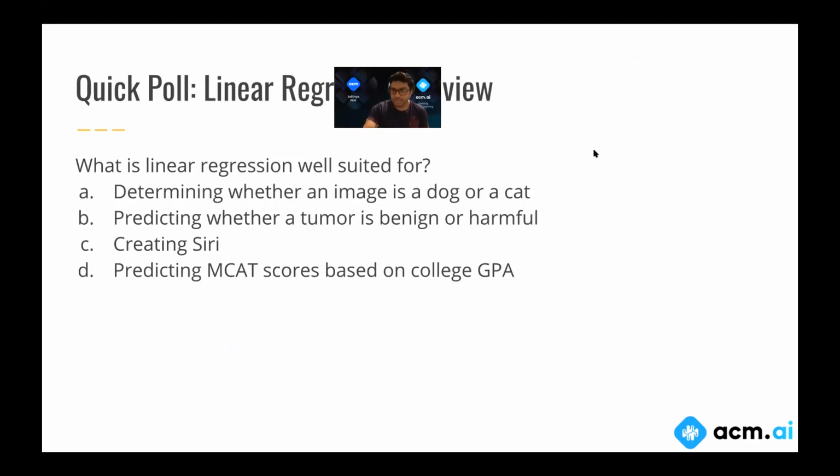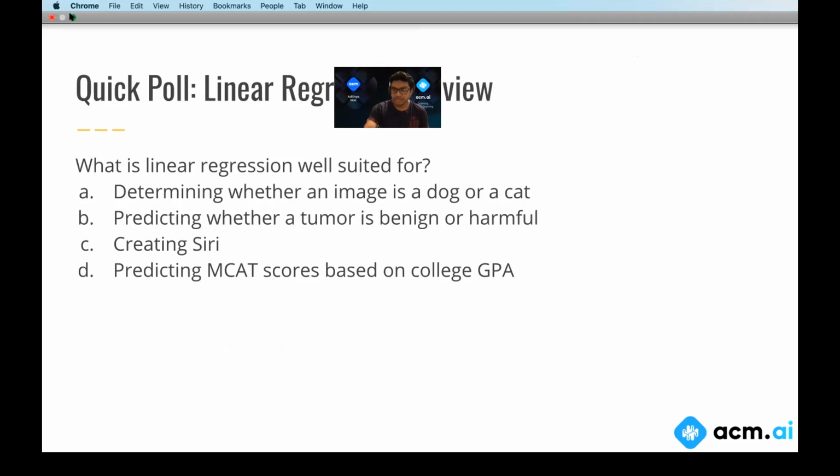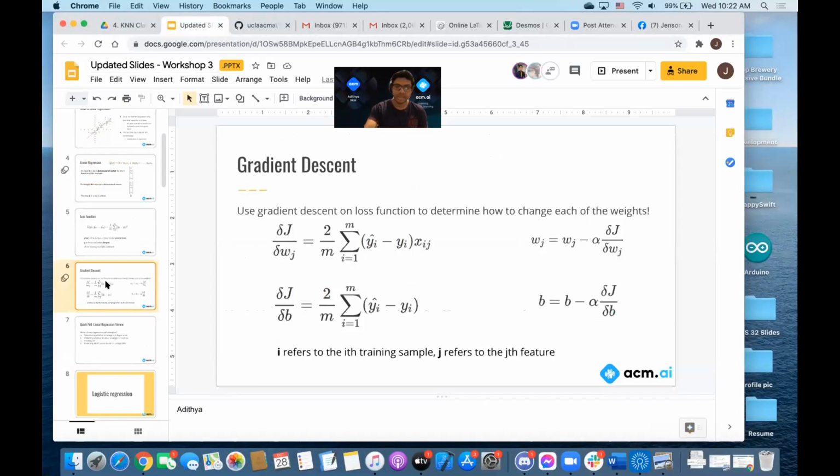Why do we multiply the difference between expected and actual target by the input value when computing the partial derivative with respect to a weight?